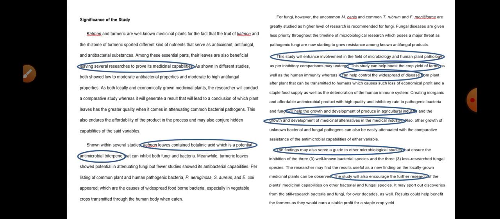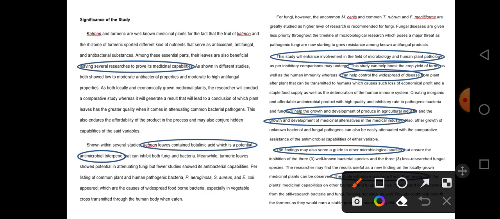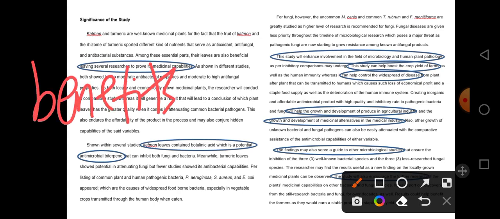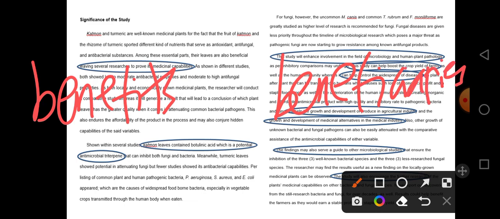Okay, so class, in your own inference and perception, which is more highlighted in this kind of organizational pattern? Does this organizational pattern highlight the benefits, or does it highlight the beneficiaries? Beneficiaries. Okay.